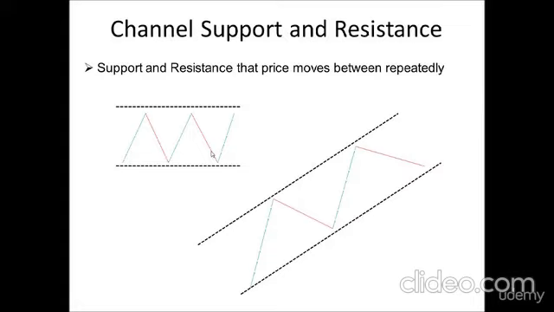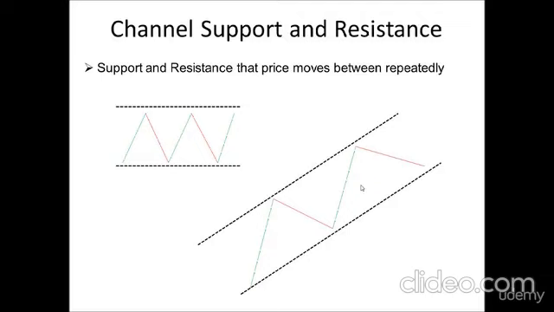But the channel support and resistance I want to demonstrate in this video is trend channel support and resistance. It's the same concept as a ranging market, but price moves continually between a support and resistance, but is trending either in an uptrend or a downtrend.